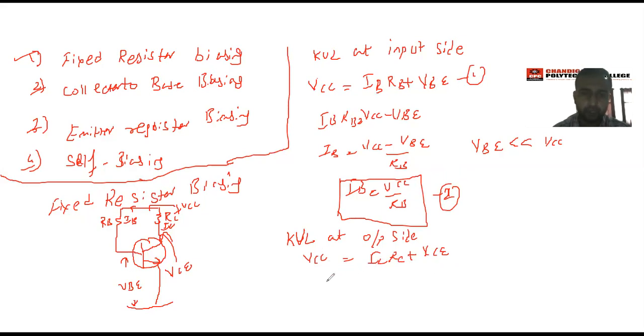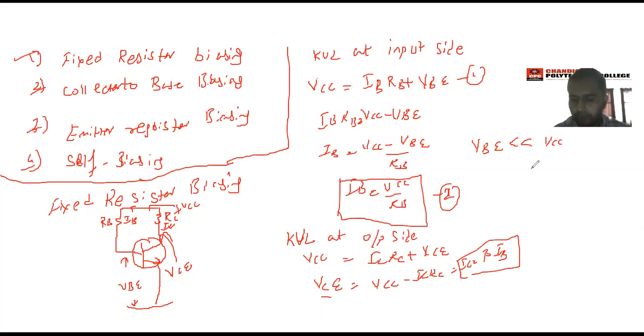We have to find the value of VCE. Now VCE is equal to VCC minus IC RC. So we know the value of VCC, we know the value of RC, and IC is equal to beta of IB. So we can find the value of IC also. With the help of this value, we can find the value of VCE also.